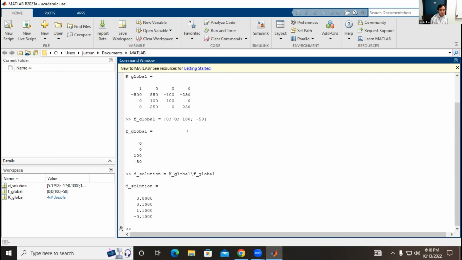The solution is given in vector format. This is telling us that D1 is equal to 0, D2 is equal to 0.1 meters, D3 is equal to 1.1 meters, and D4 is equal to minus 0.1 meters.